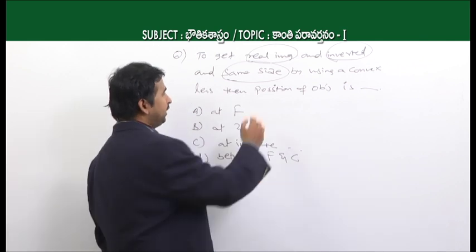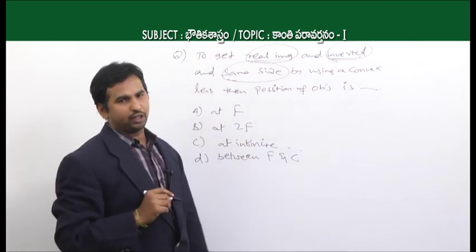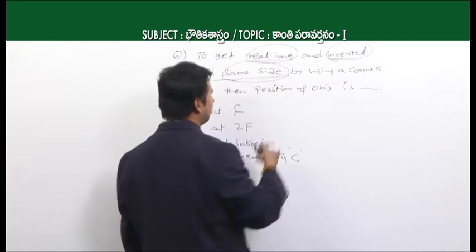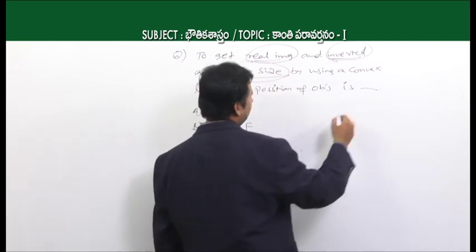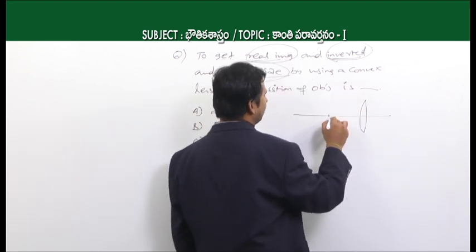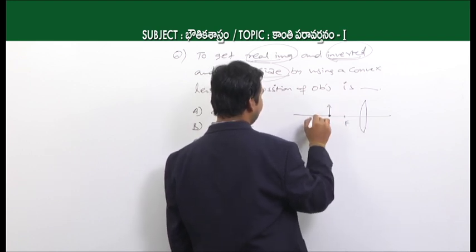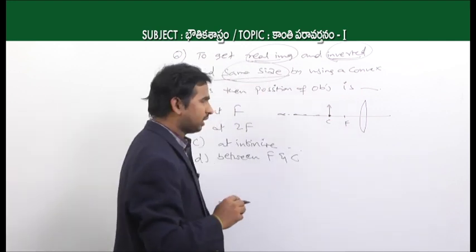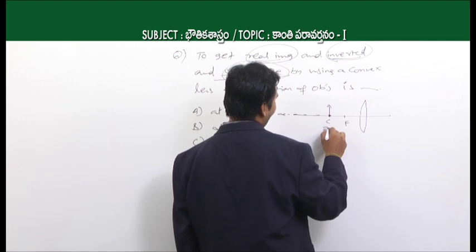In this case it is forming a real and inverted image, which means it is not between f and o, whereas the size should be the same. So for the same size formation, we have to take the object exactly on the center of curvature, which is called twice the focal length, that is 2f.